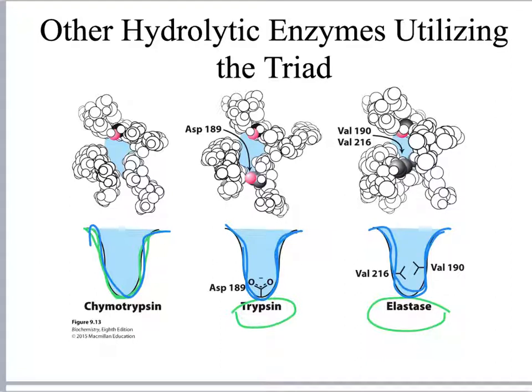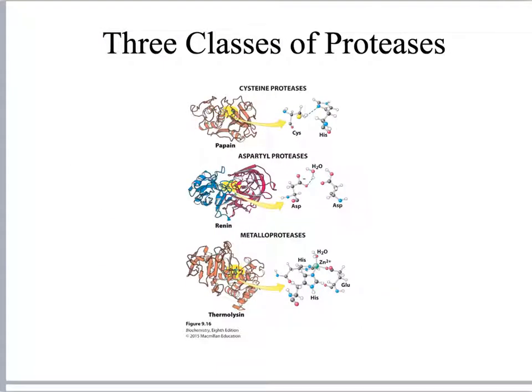So the take-home: the catalytic triad is used in a variety of different proteases. The catalytic activity, or the mechanism, is going to be the same. The particular position where these enzymes cleave will be different based on the pocket and how the pocket is modified. Now, we've been talking about serine proteases, but there are other classes of proteases as well.